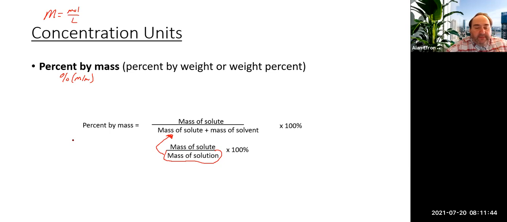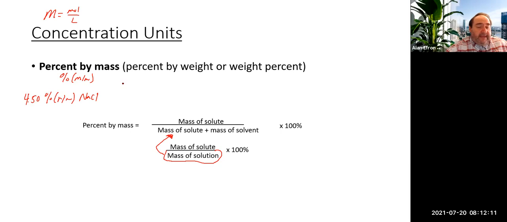When we talk about something being a certain percentage, we can convert it into a more usable unit. For example, if we had a 4.5% by mass sodium chloride solution, since we have a percentage, we can make it into a conversion factor.